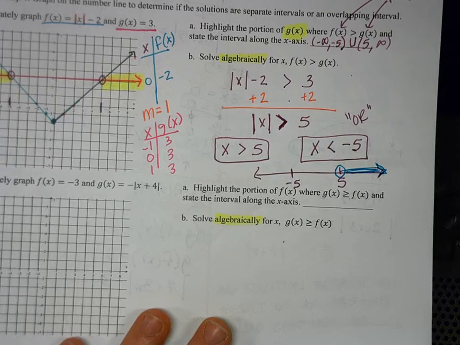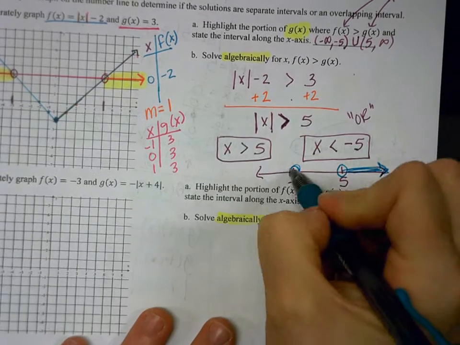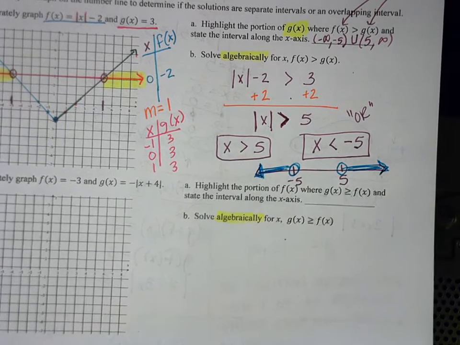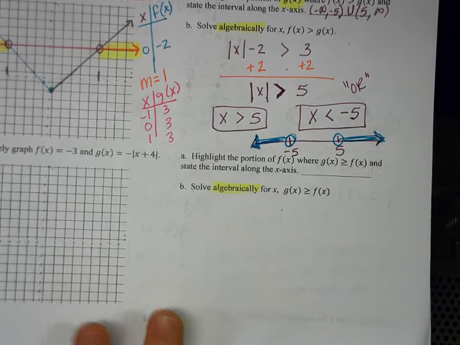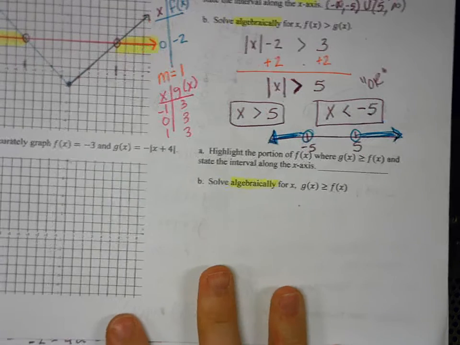And then if x is less than negative 5, can't be equal to, so I have an open point, but less than is to the left. And that's what our graph looks like. So you will have to graph on the number line on your homework. Questions so far?